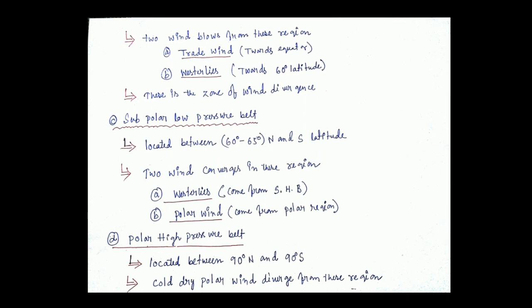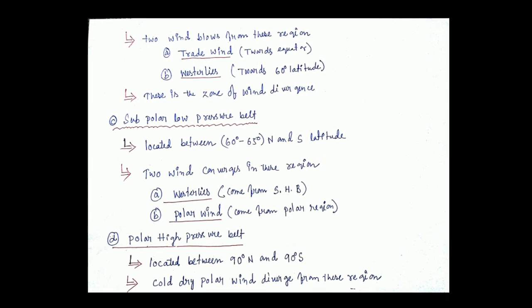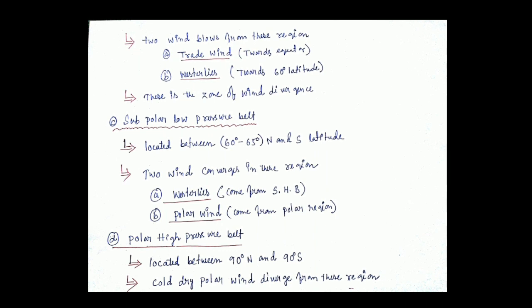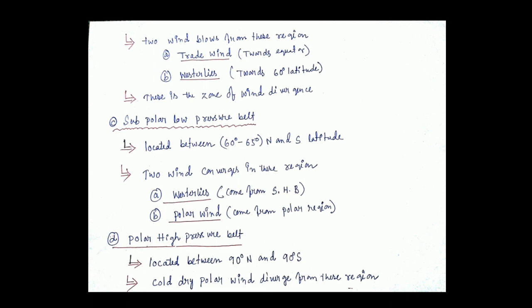The next one is the subpolar low pressure belt. It is located between 60 to 65-degree north and south latitude. Here also two winds blow, that means two winds converge in this region. Hence, it is a low pressure belt.